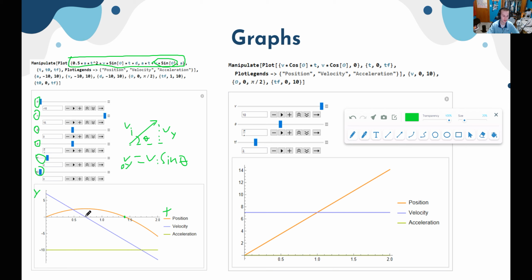But the other thing you need to notice is that there's a value of the velocity where it is 0, right there, and that's going to correspond to the maximum height of our projectile. So when we launch something, the velocity is eventually going to hit 0, and that corresponds to the maximum height.